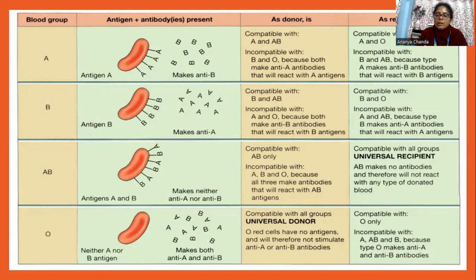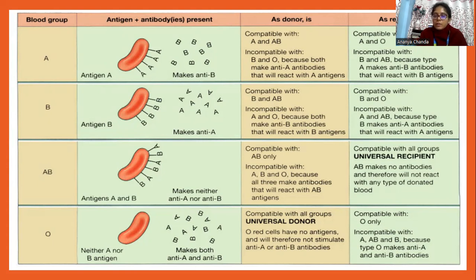Antibody A and antibody B. So the O type person has no antigen, but has antibody A and antibody B. If a person of another blood group, AB, A or B, gives blood to the O type, their antigen can react with the antibodies A and B of the O blood group type. So this is only compatible with O.